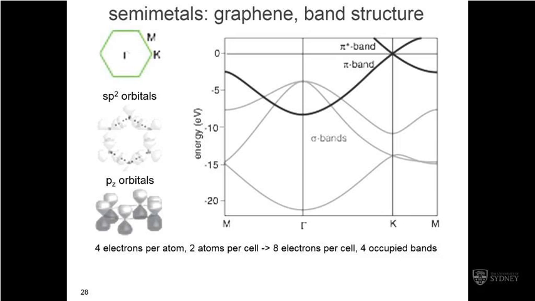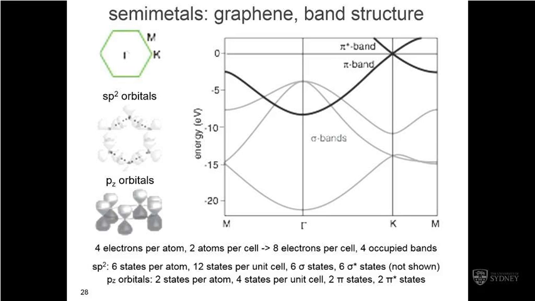So these 4 bands can accommodate all of the electrons that are needed. 2, 4, 6, 8. Okay. But what you can see here is this is the so-called Dirac point. So graphene is neither a metal nor a semiconductor, these just touch, so it's called a semi-metal.